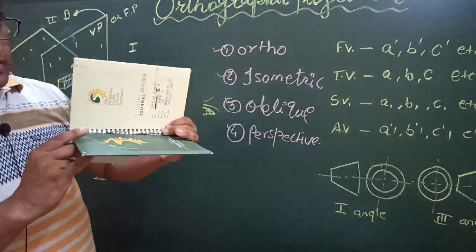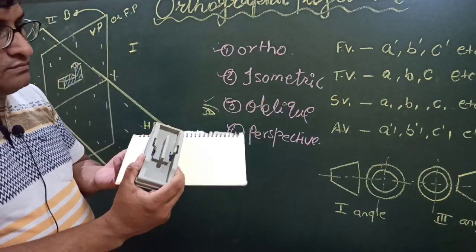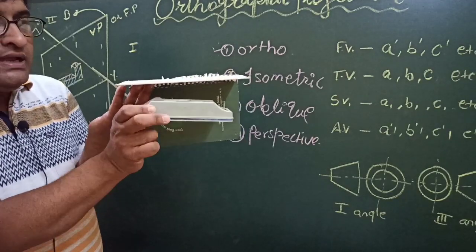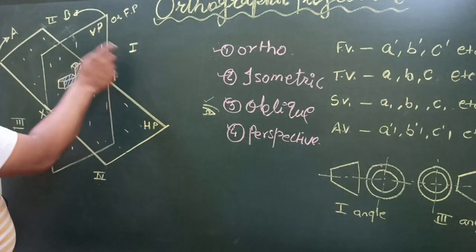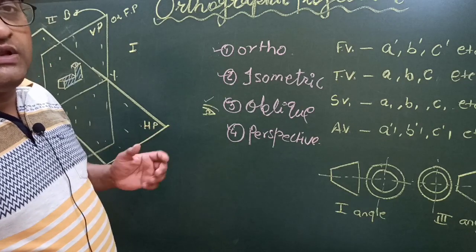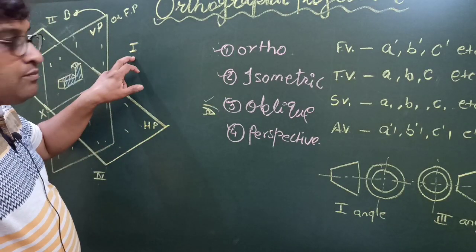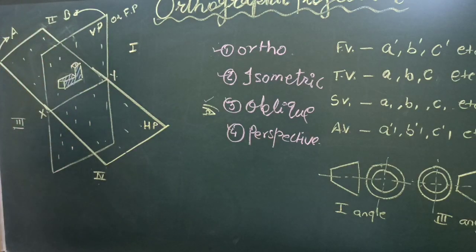And in the fourth quadrant, it is like this. So the object is in front of VP and below HP. So all these four quadrants, 1, 2, 3 and 4, as per the position of the object, we call them angles. Meaning first angle projection, second angle projection, third angle and fourth angle projection.